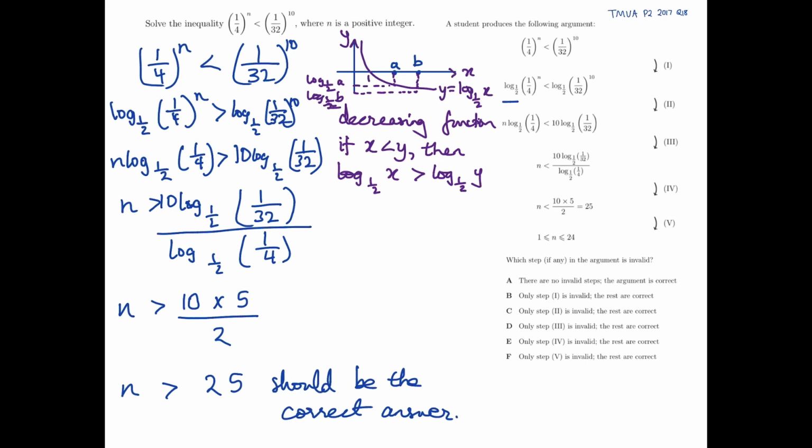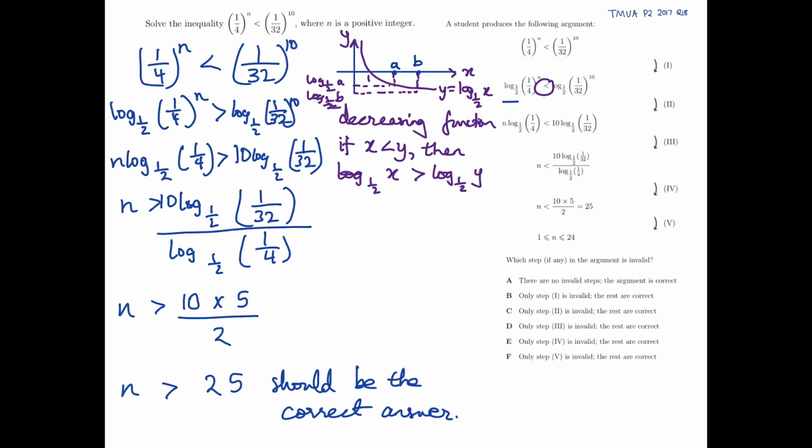Therefore, the inequality sign must be reversed. So this is where the student has gone wrong in the first step. Pretty unlucky. So we can see that this error continues because the student gets n is less than 25 and therefore gets the wrong set of solutions for n.